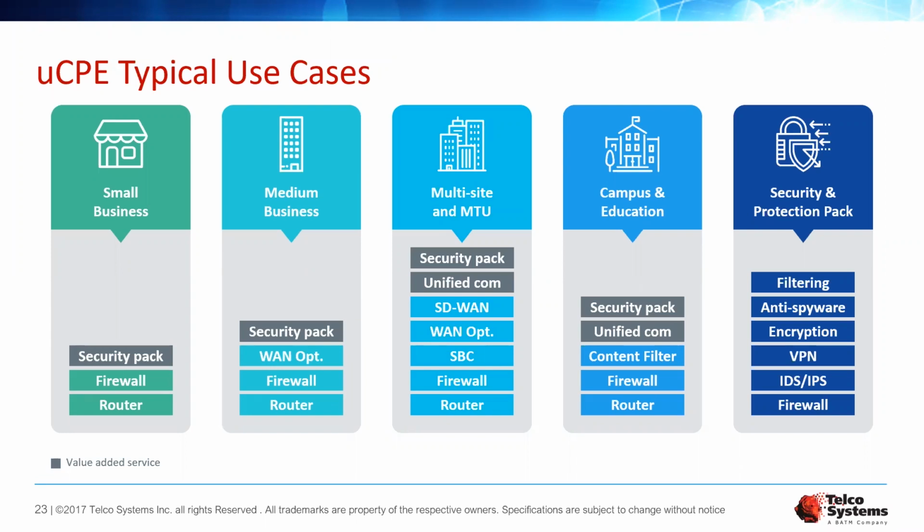If you're looking at more of a medium business, you're going to start caring about optimizing your MPLS lines and using WAN optimization, perhaps also using SD-WAN with all the intelligent steering. For a large enterprise, certainly you're going to use SD-WAN today, probably also an SBC, because you have lots of SIP lines, trunking, and perhaps also a unified communication that is virtualized.